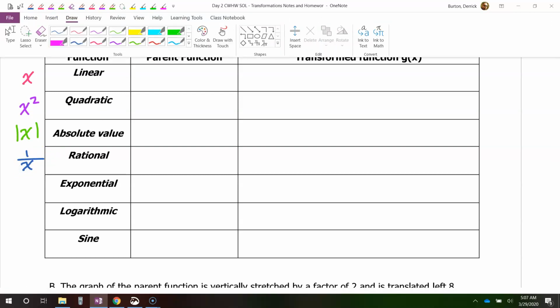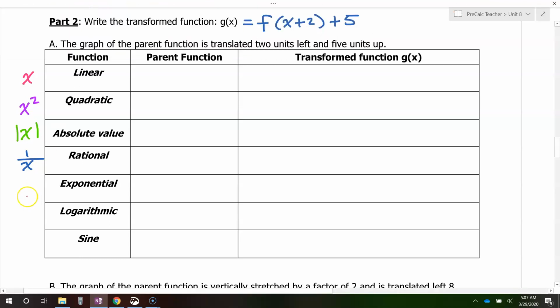Exponential is like e to the x. They could have other bases, but this is a good example. Logarithmic, an example of that would be like natural log of x.